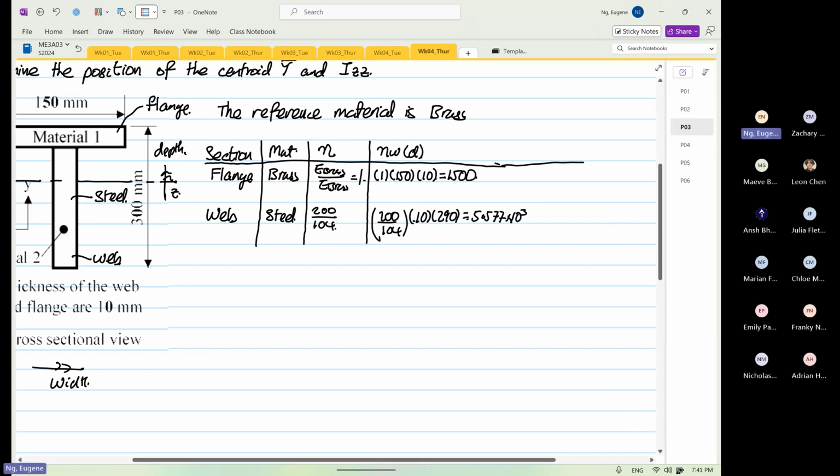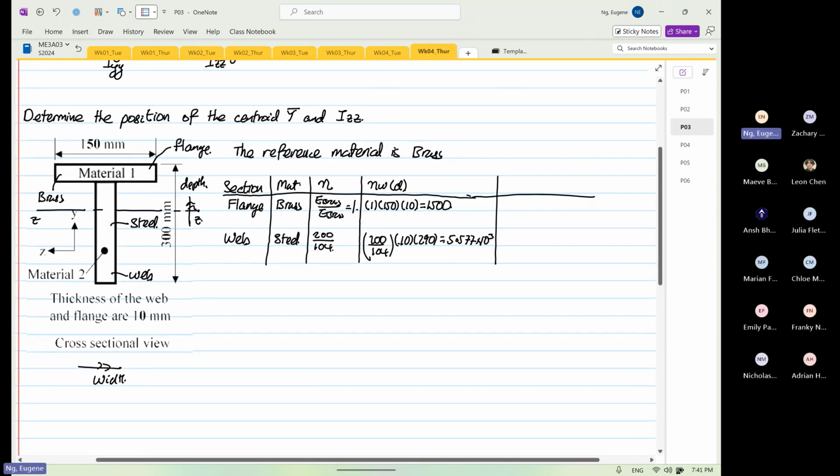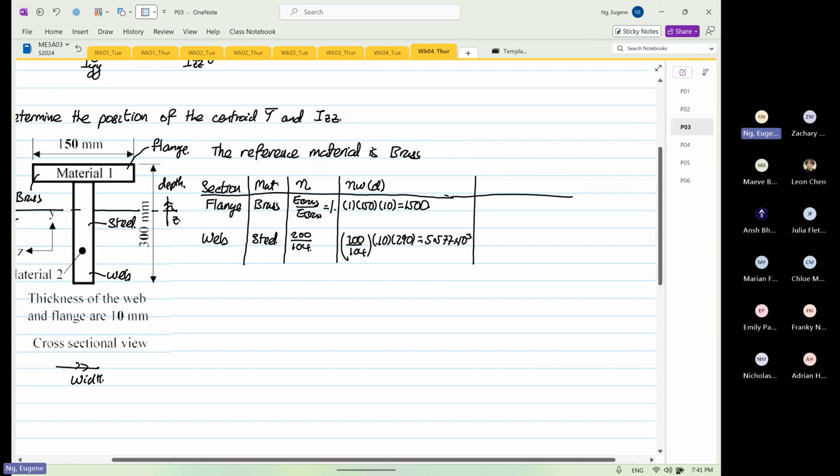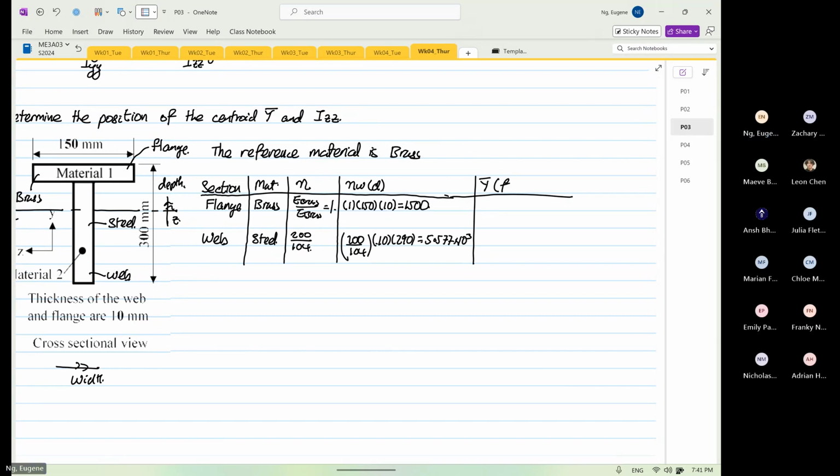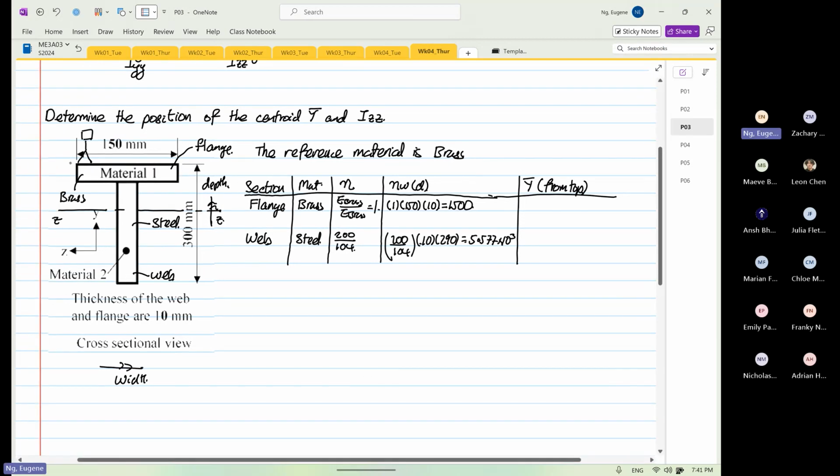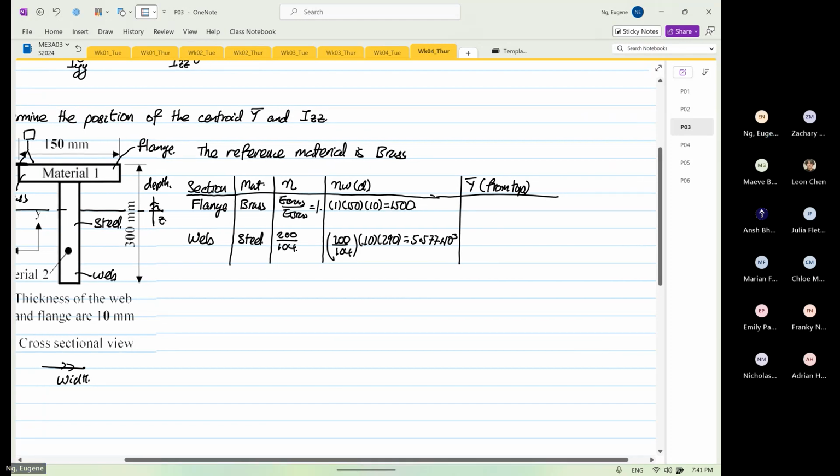Then the next thing we want to determine is the y bar from the top. From top means the datum is at the top, i.e. over here at the top, y is equal to 0.